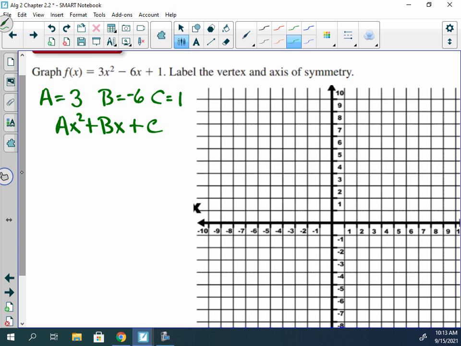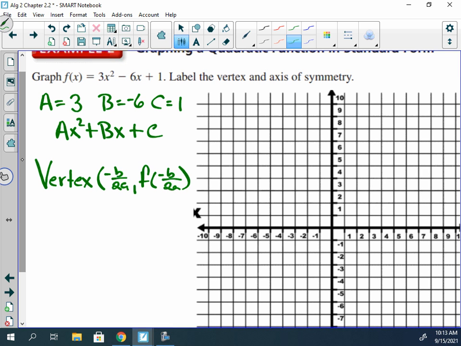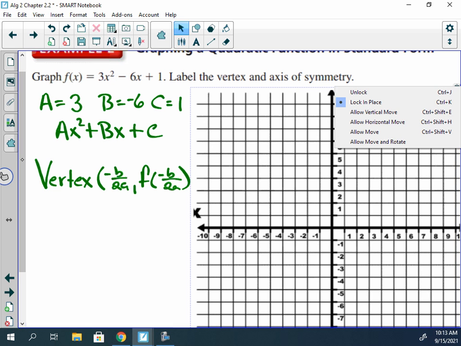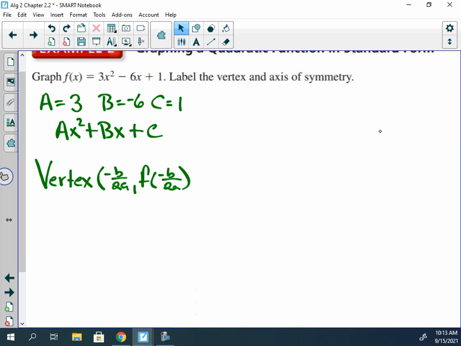Now, the vertex is negative b over 2a, comma, f of negative b over 2a. I removed that so I have a little more space.